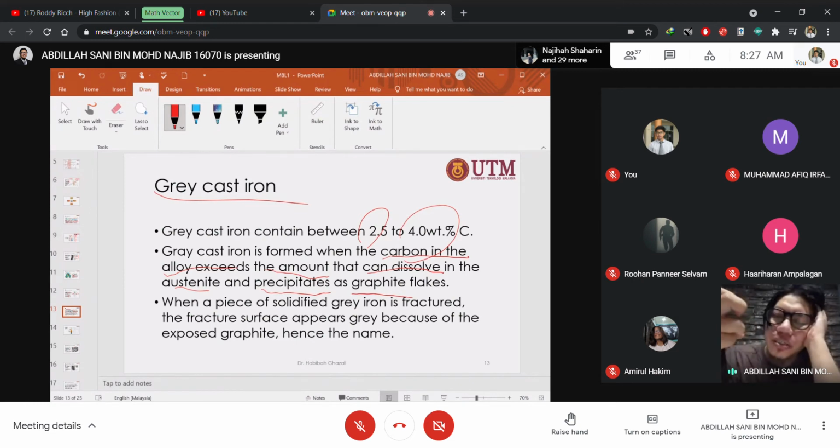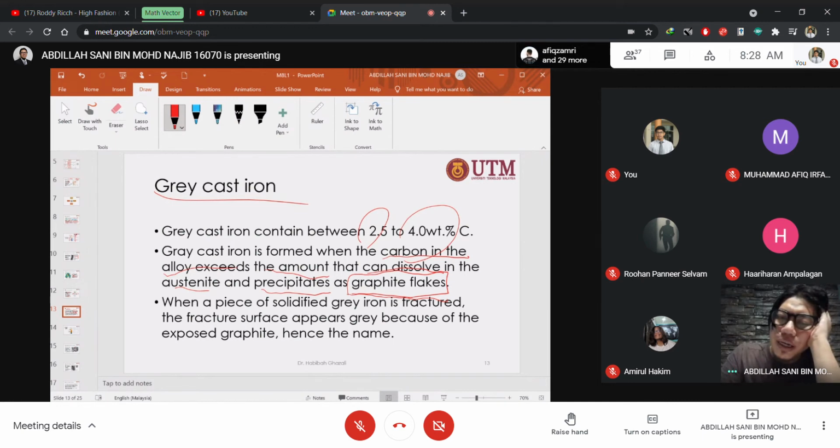It cannot dissolve in the host metal anymore. So it becomes precipitate. And in this case, for the gray cast iron, it cannot dissolve in austenite anymore, and it forms graphite flakes.